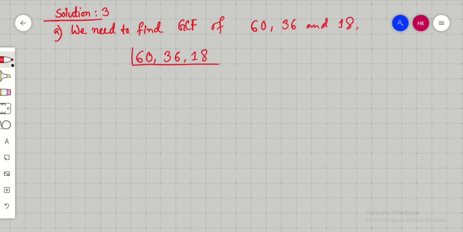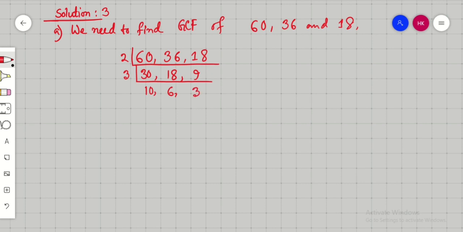At first we will divide by 2 because all are even numbers. So 60 divided by 2 is 30, 36 divided by 2 is 18, 18 divided by 2 is 9. Then we will divide by 3 because all these numbers are divisible by 3, not 2. So we get 10, then 6, and then 3.